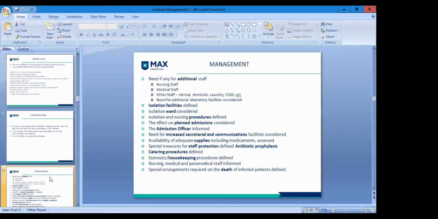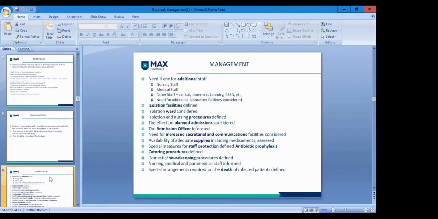Now, coming to the management, which is the most important part from our hospital side. Any additional staff was required in those cases. So we created a pool of locums, or a pool between different healthcare groups, where additional staff could be taken from a facility which was not being used, or from areas where fewer patients were admitted.